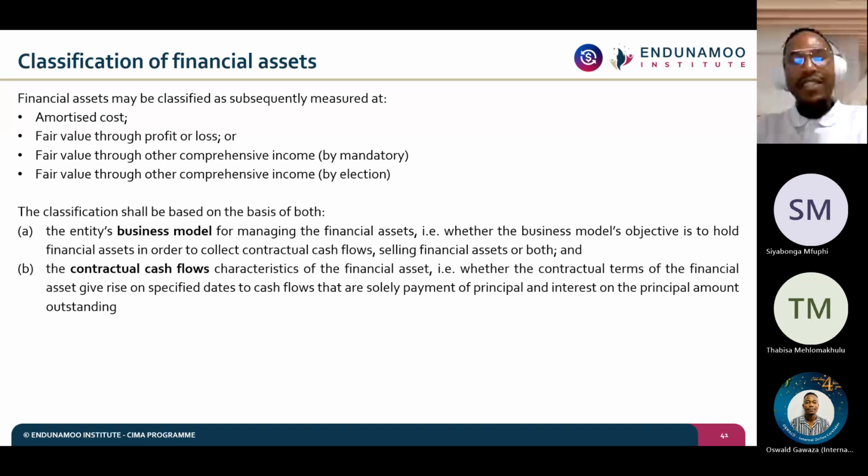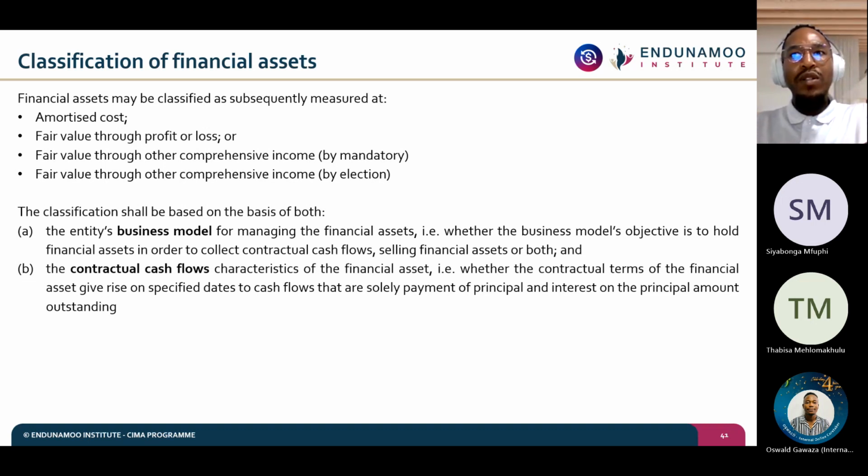The financial asset could be a debenture that the entity has purchased. It could be a financial asset in the form of a loan that has been given to another entity. Question becomes, why is the entity entering into this financial instrument?